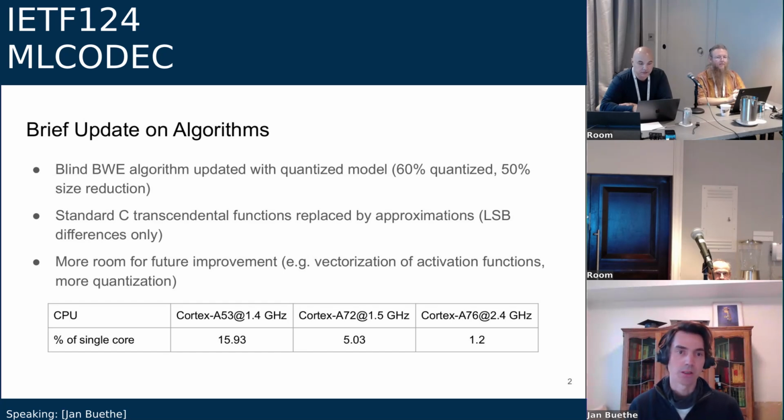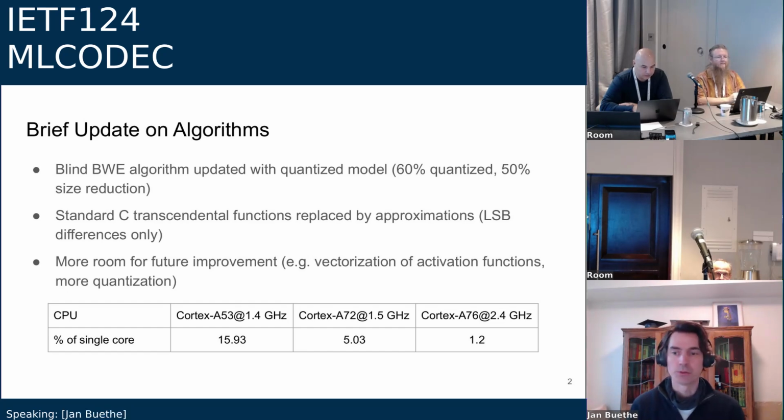There's a new model with roughly the same performance, but 60% quantized, which means 50% size reduction and also similar speedup. Some standard C transcendental functions have also been replaced by approximations, which only affected LSBs.